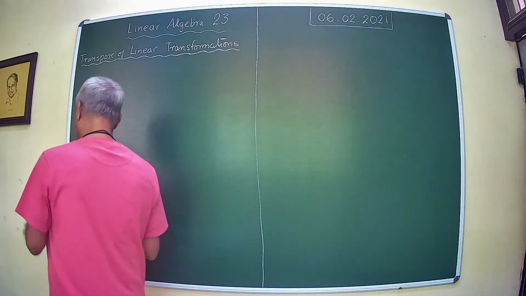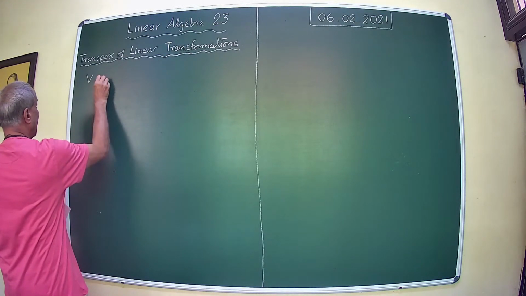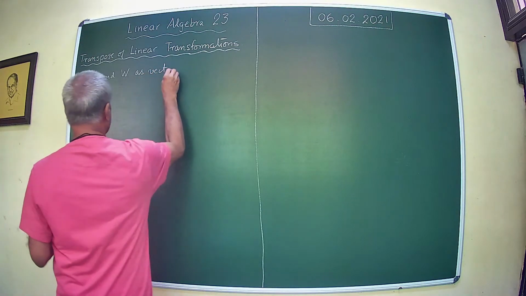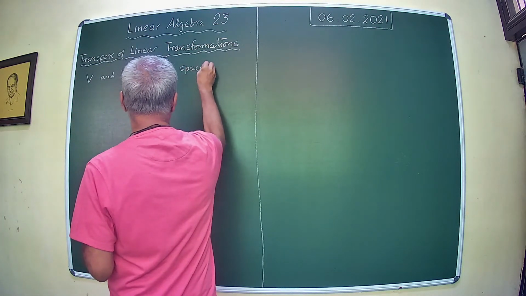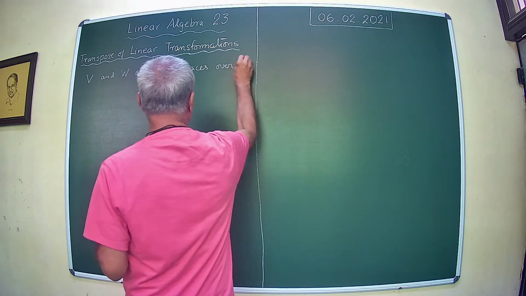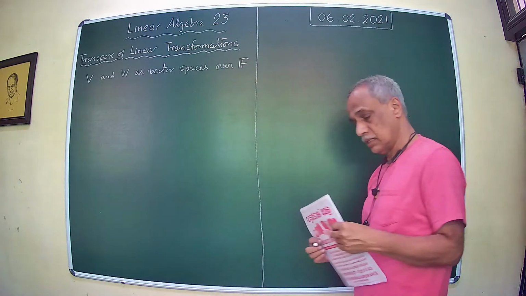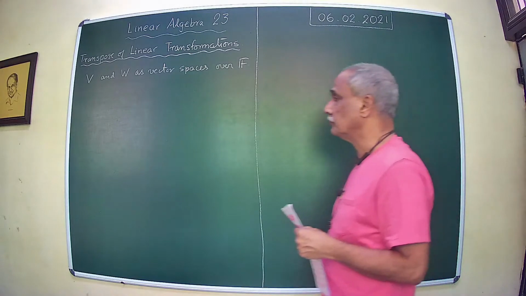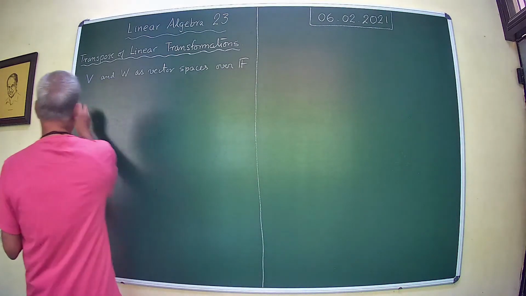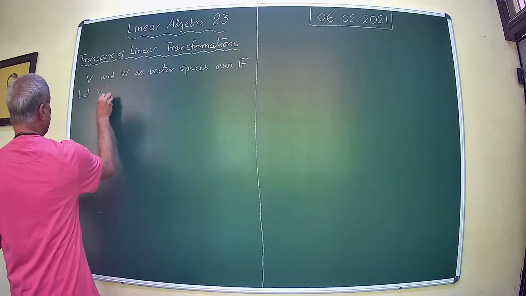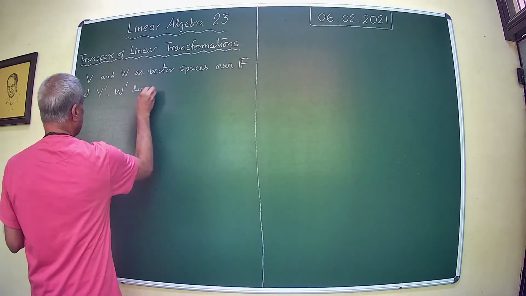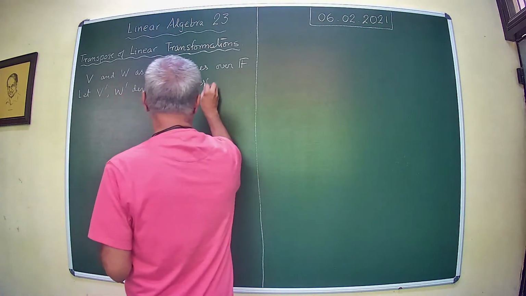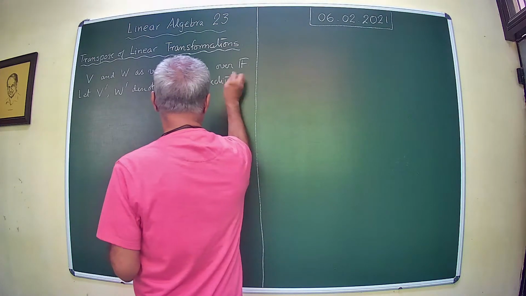We have V and W as vector spaces over F. At the moment we are not saying anything about the dimension, but in some cases we have to specifically make a mention of it. Let V prime, W prime denote their respective dual spaces.